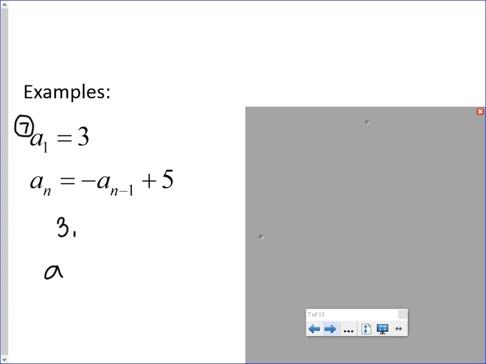Now I want to get a sub 2, so I'm going to do negative the term before, which would be a sub 1, plus 5. N is 2, and 2 minus 1 is 1, the term before. And what is the first term? 3. So it's negative 3 plus 5, which gives me 2.